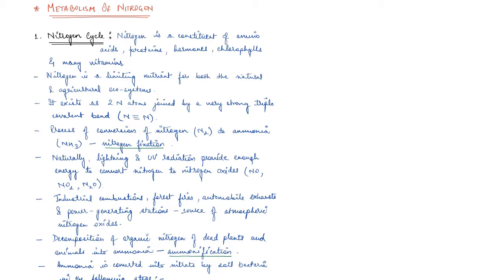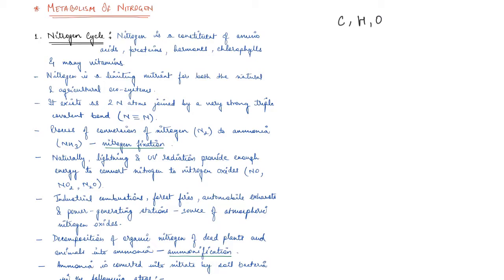Then in the last video, we covered the translocation of solute, how the mineral is absorbed within the plant and how soil plays a very important role in mineral nutrition. So guys, in today's video, we are going to cover the nitrogen cycle. So guys, apart from carbon, hydrogen, and oxygen, nitrogen again is the most prevalent element in living organisms.